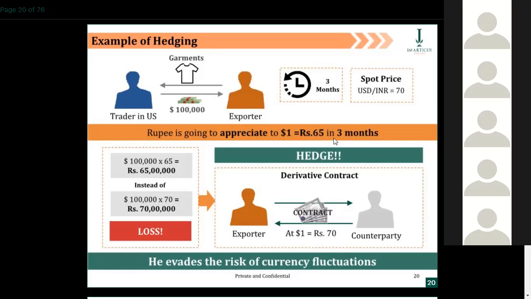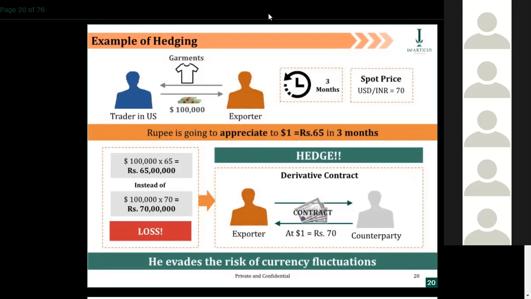What will happen to the exporter? Would it be good for the exporter or bad for the exporter? It is bad for the exporter as he is going to receive a lesser amount of Indian currency.